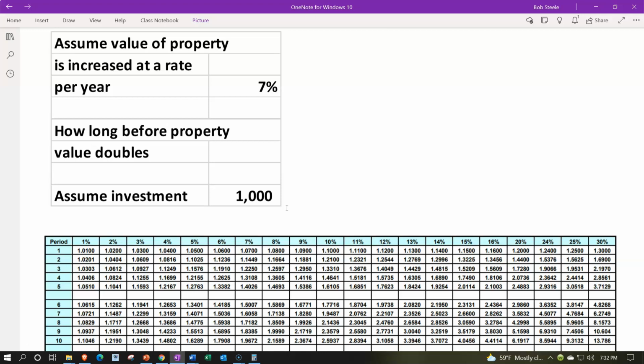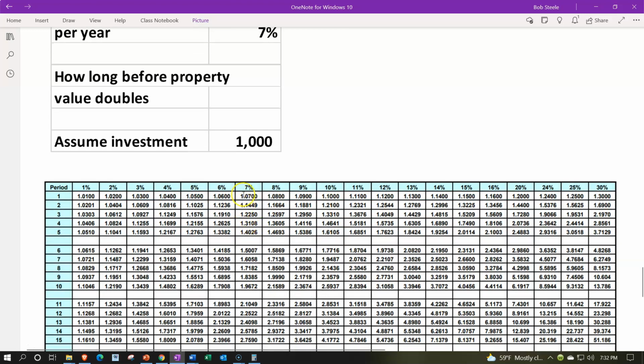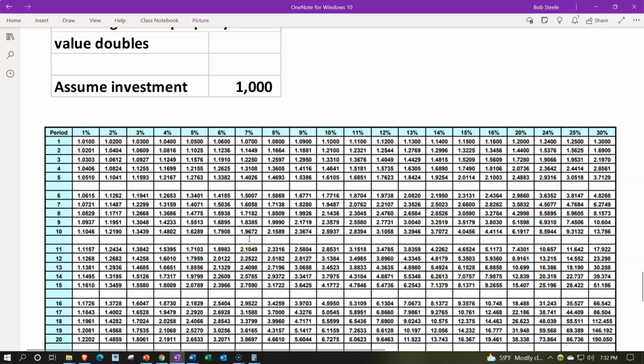We'd have to multiply times 2 because we're doubling it. So we would want to be in the 7% column again, and we're looking for the number that would be 2 here so that we can find the related period to see the number of periods to basically double this thing.